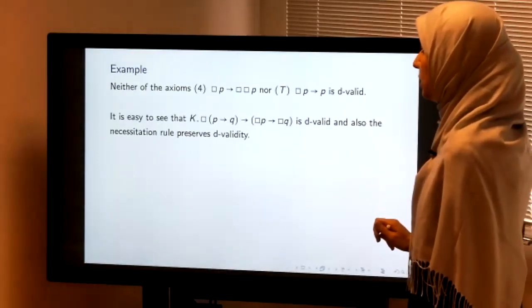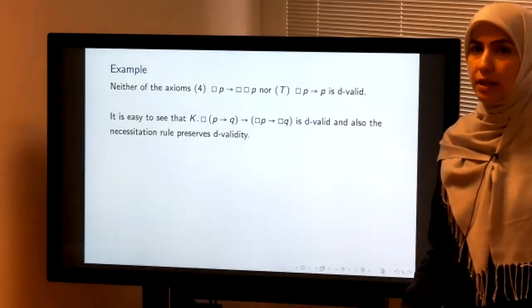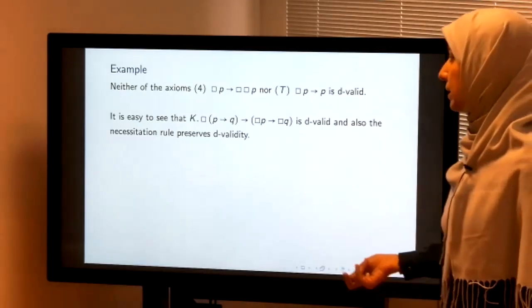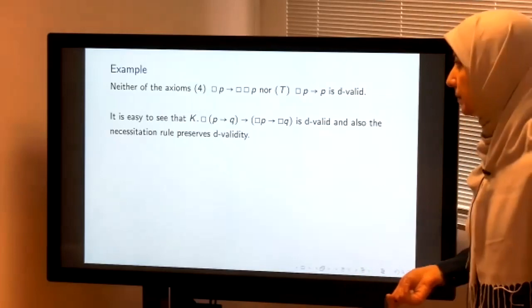But it's easy to see that the axiom K is d-valid in the class of all topological spaces, and also the necessitation rule preserves the d-validity.